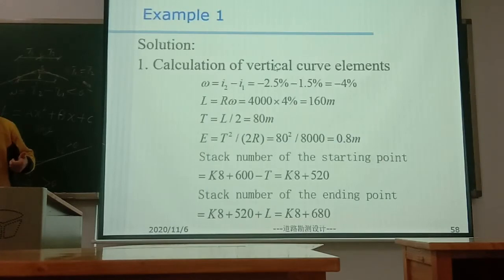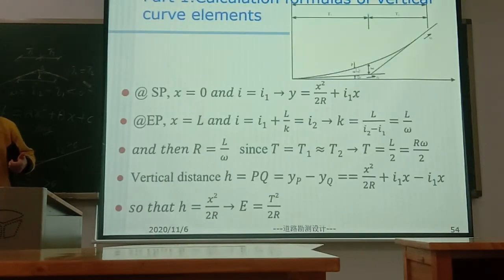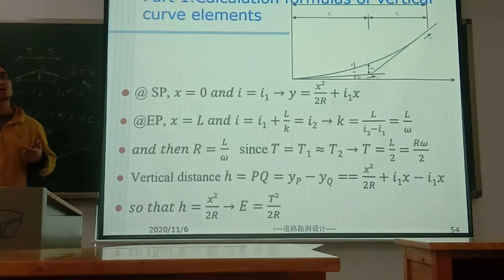How to calculate the elevation slope? We use x squared divided by 2 times the radius.